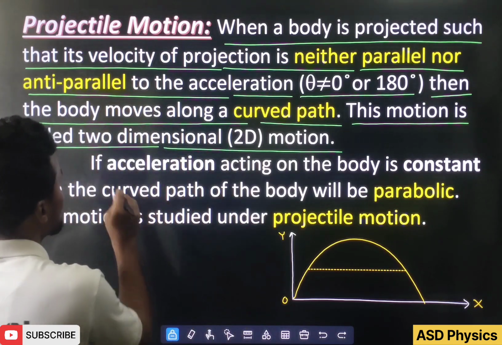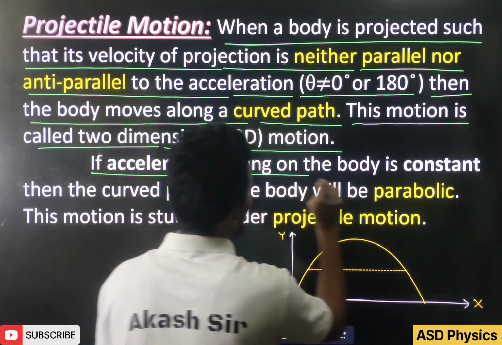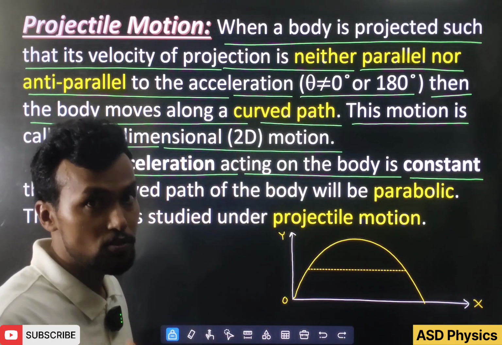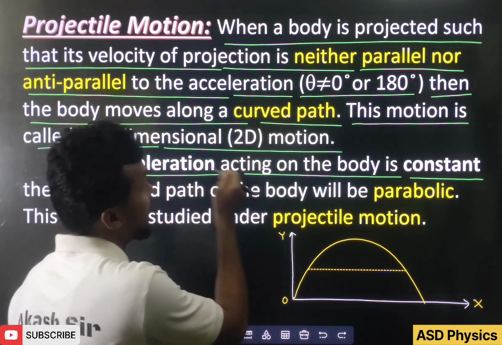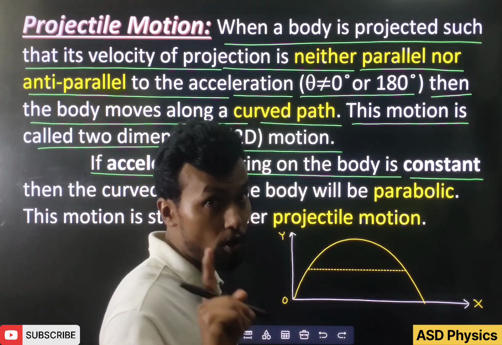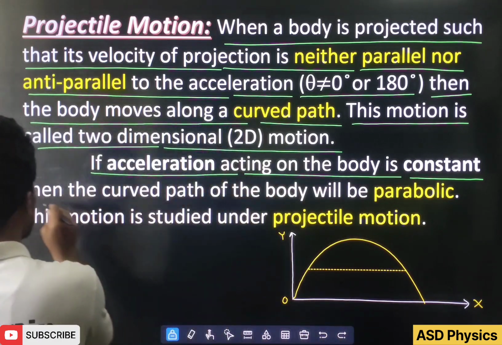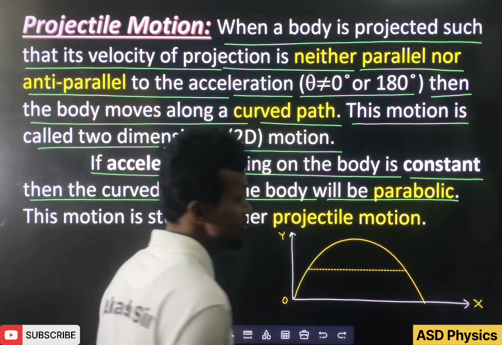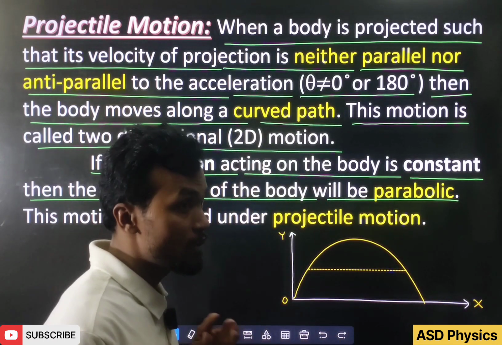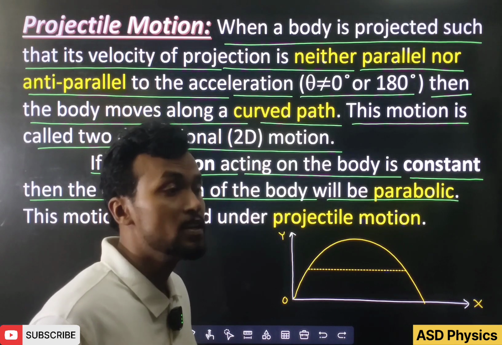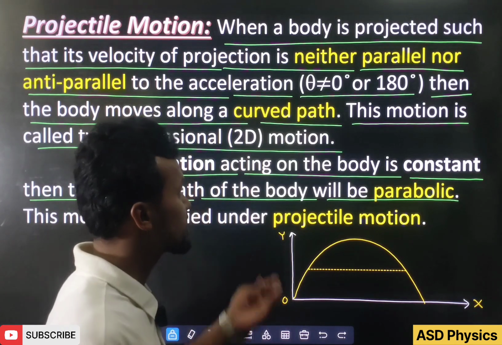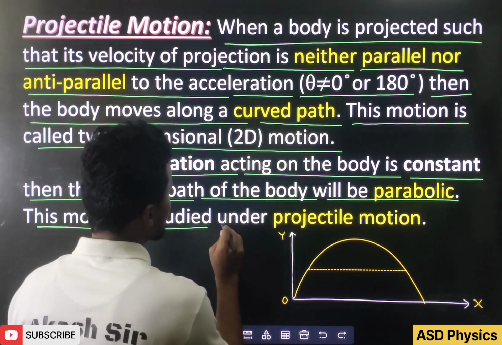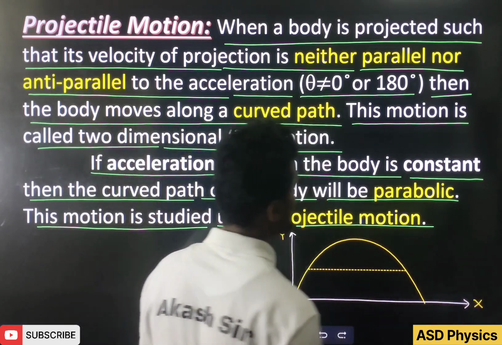Now, the acceleration acting on the body can be variable or it can be constant. If the acceleration acting on the body is a constant value, that means uniform acceleration, and the velocity and acceleration are not making 0 degree or 180 degree, then the curved path of the body will be parabolic. This motion is studied under projectile motion.